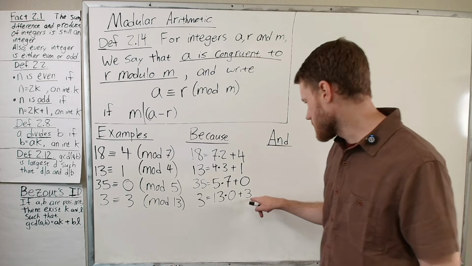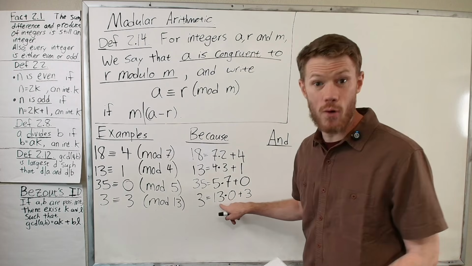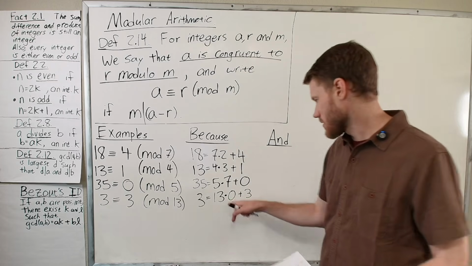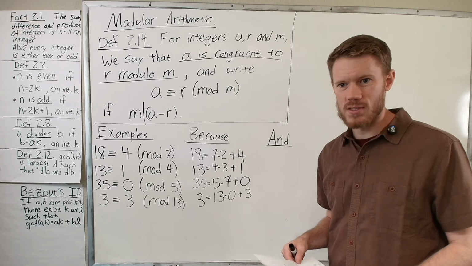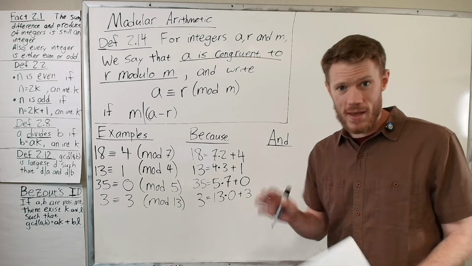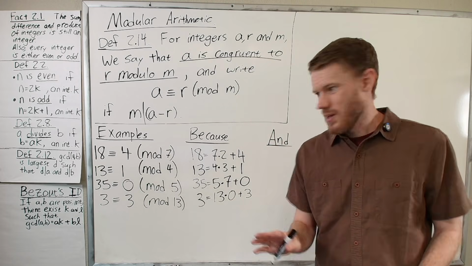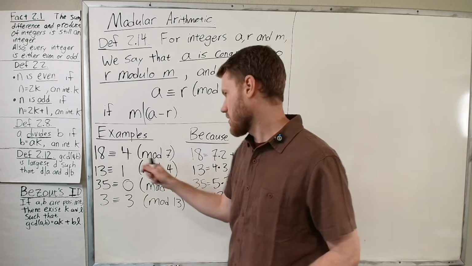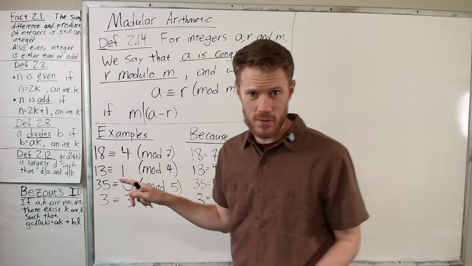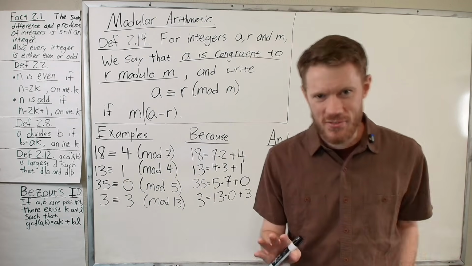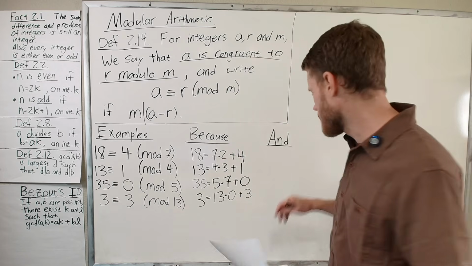Remember, this number has to be between 0 and 12, so only 3 could work with the quotient being 0. Okay, so that's the first level: understanding that one way to think about this is as the remainder. Now, that's only half true, but it's a good first step.